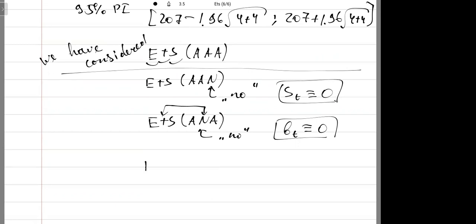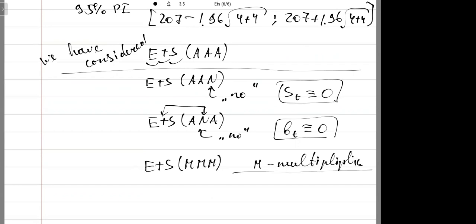For example, there is ETS MMM. M means multiplicative. I will not go into details because my part of the course is not theoretical. It's more about R, but I feel that I need to introduce something at least.